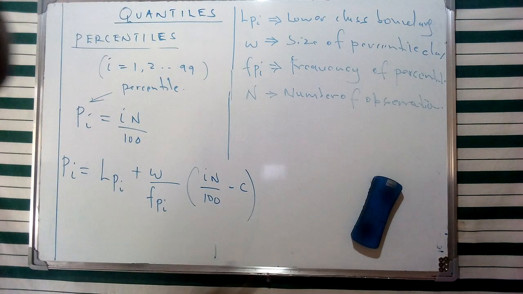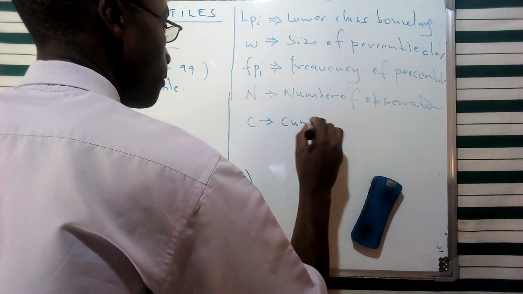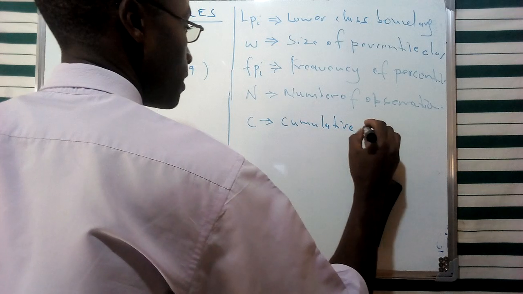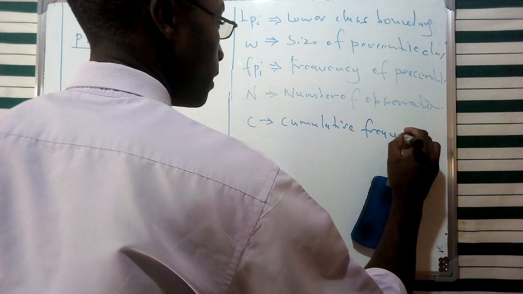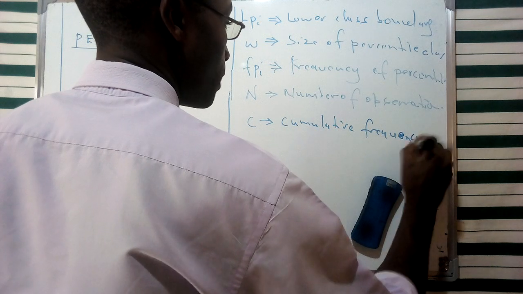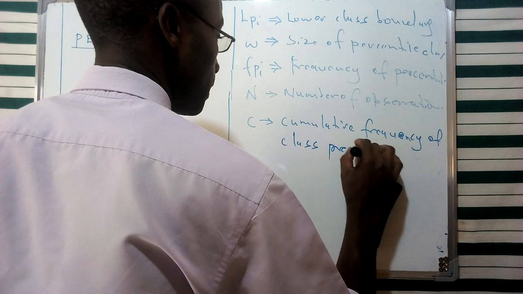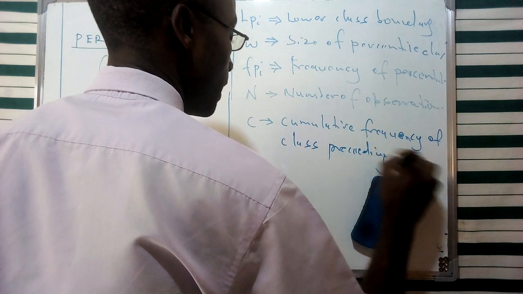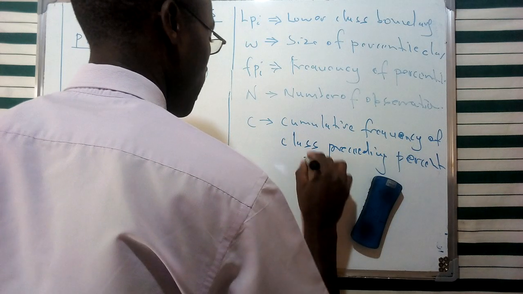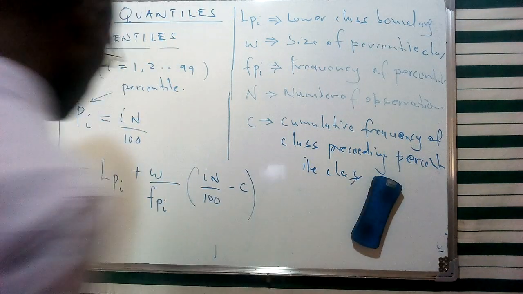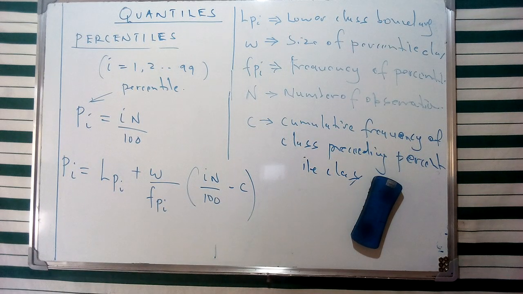And then we have C, which is the cumulative frequency of the class preceding the percentile class.